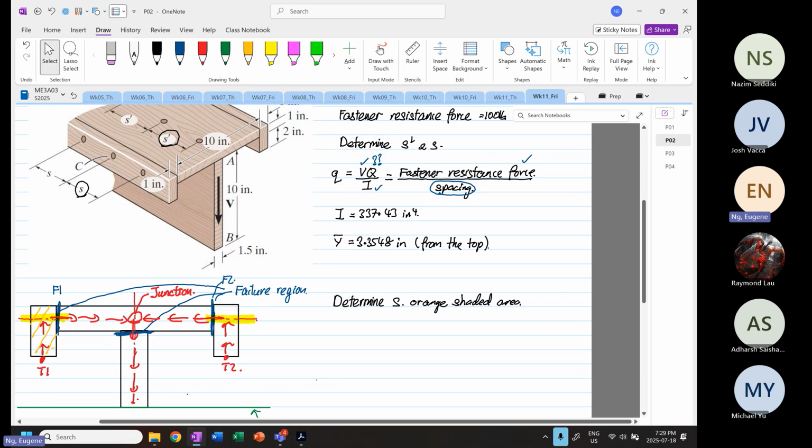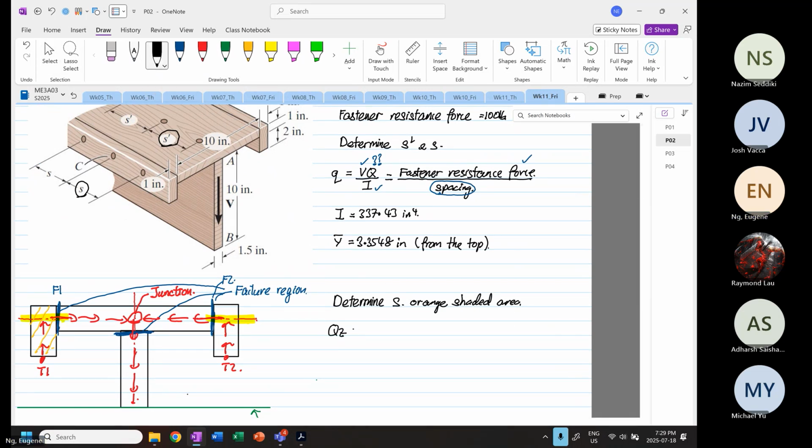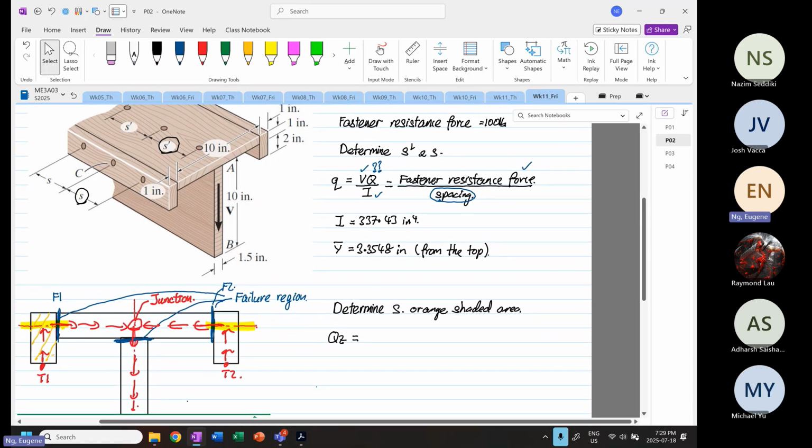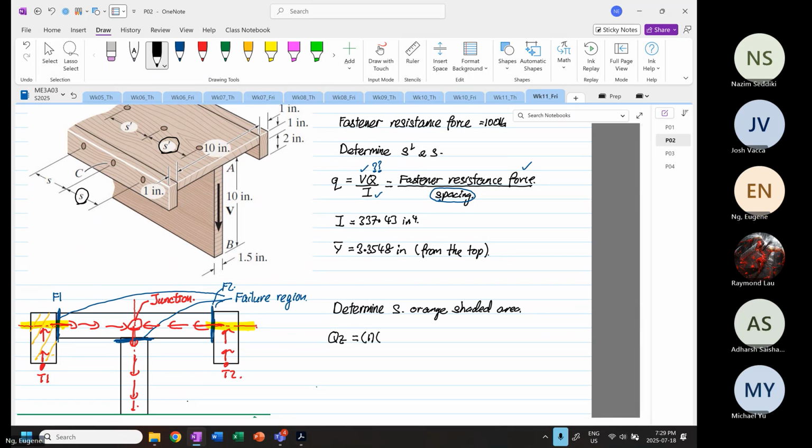QZ. The width is equal to 1, the depth is equal to 3, and the Y bar is 3.3548 minus 3 divided by 2.